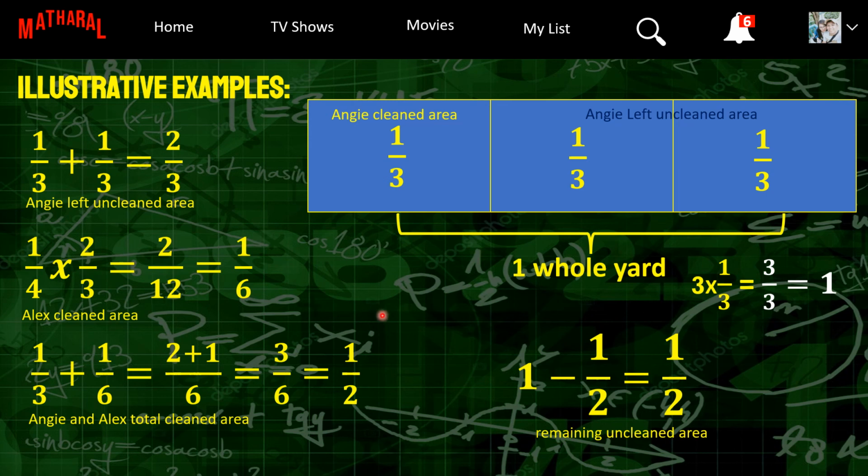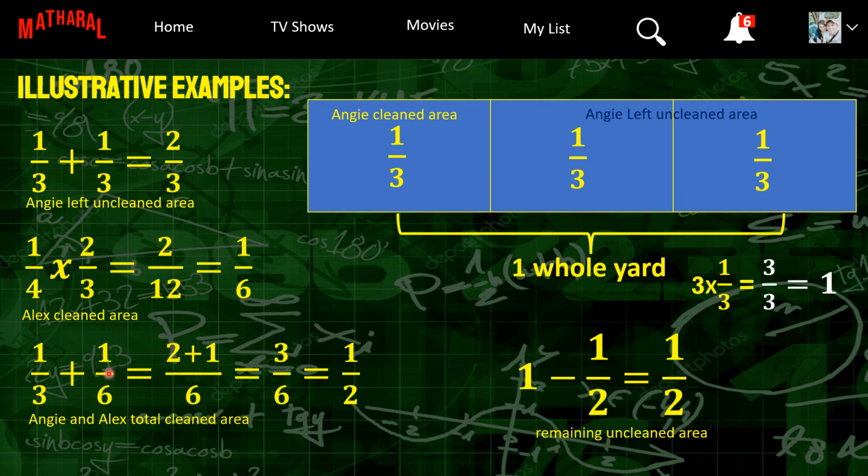Ngayon naman, yung second to the last na gagawin po natin is, we're going to combine Angie cleaned area and Alex cleaned area po. So, ang gagawin ay ito. Nabanggit po ng una, yung 1/3 ay yung nalinis ni Angie doon sa yard. 1/3 of the yard. 1/3 plus 1 over 6. 1 over 6 yung mismong nalinis ni Alex dun sa hindi nalinis ni Angie, which is 2/3.